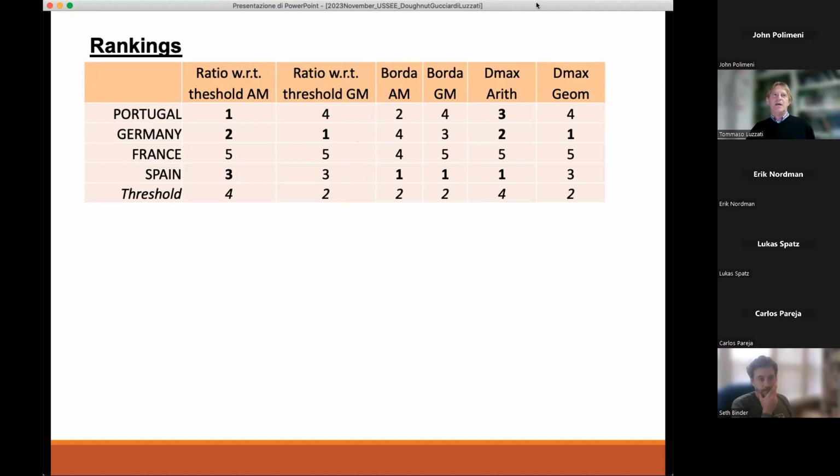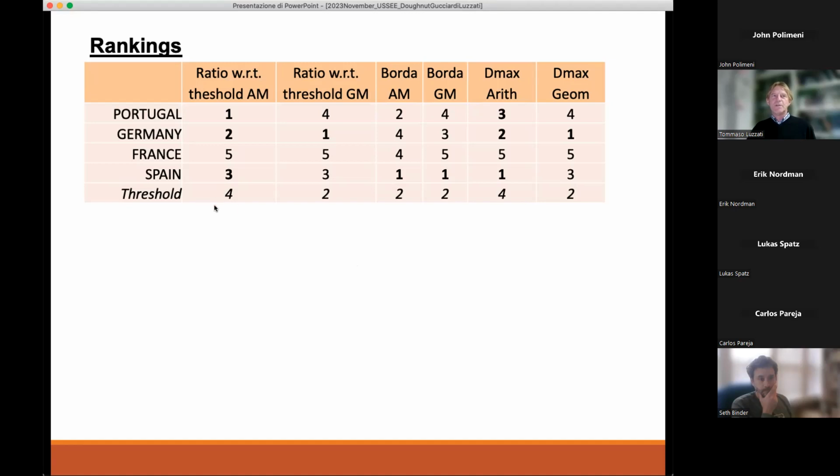You can. It is the rankings according to the normalization using the ratio with respect to the thresholds and the geometric mean, and so on. So we can build many possible rankings depending on the method.